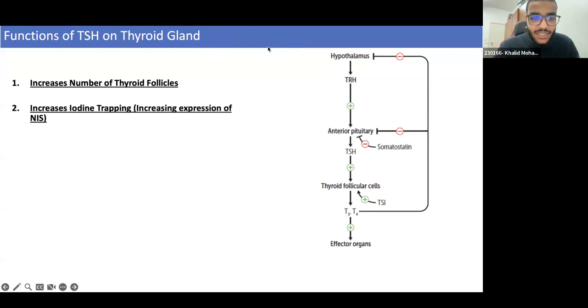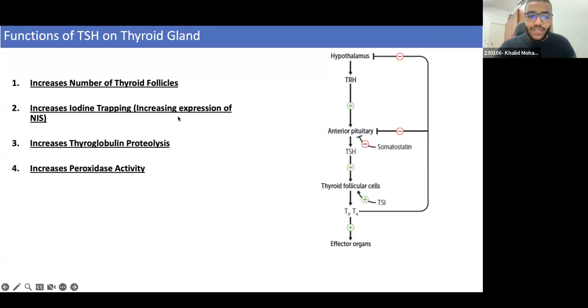The second effect is that it increases iodine trapping, and it does that by increasing the expression of the NIS channels that we spoke about. That was on the basolateral membrane. It also increases the thyroglobulin proteolysis.